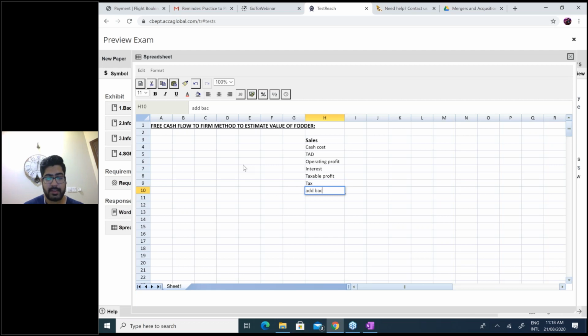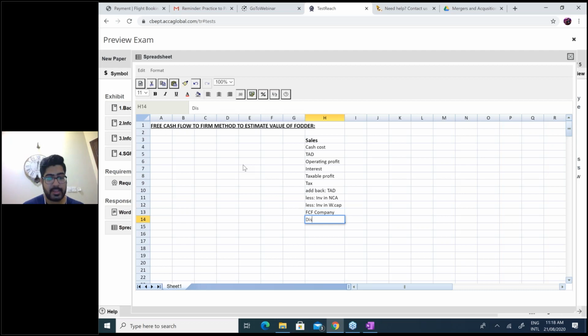Then we add back TAD. Then we deduct investment in NCA. Then we deduct investment in working capital. We get FCF to company.